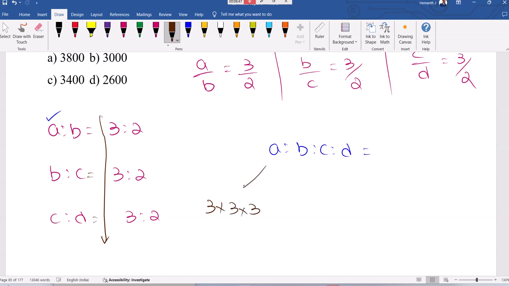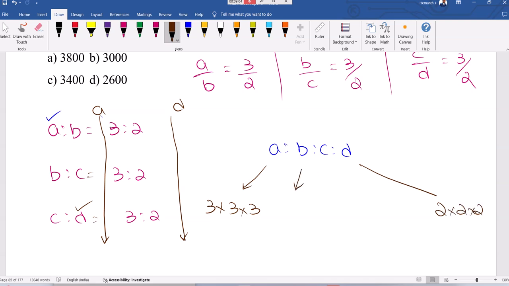D is the last one, so the last column multiplication is D. So 2 into 2 into 2.